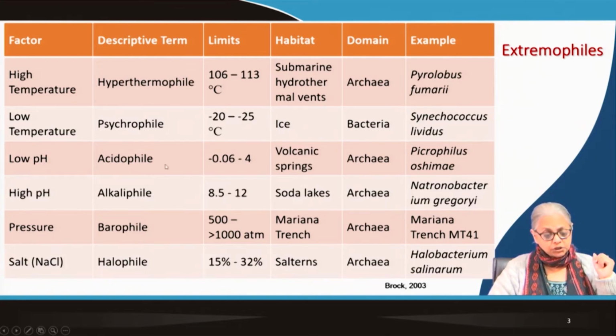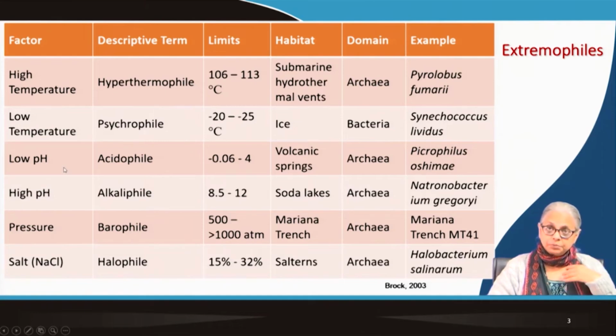Then we have low pH. Those are called acidophilic bacteria. In this particular example, it's a volcanic spring, but you can see acidophilic bacteria in acid mine drainage. The limits in terms of pH are negative 0.06 all the way to pH 4, and these are again archaeobacteria, and in this particular example it's Picrophilus oshimae.